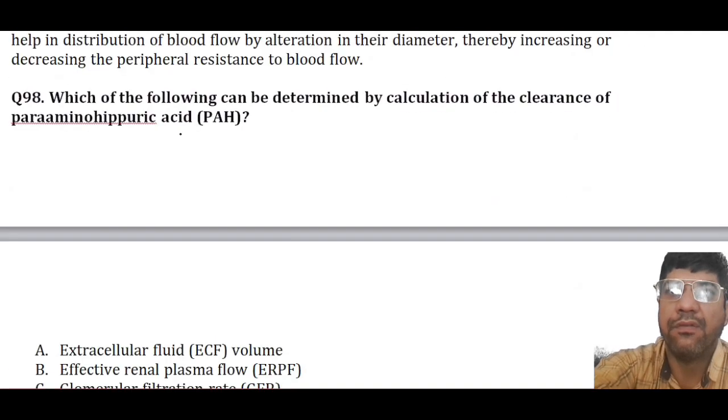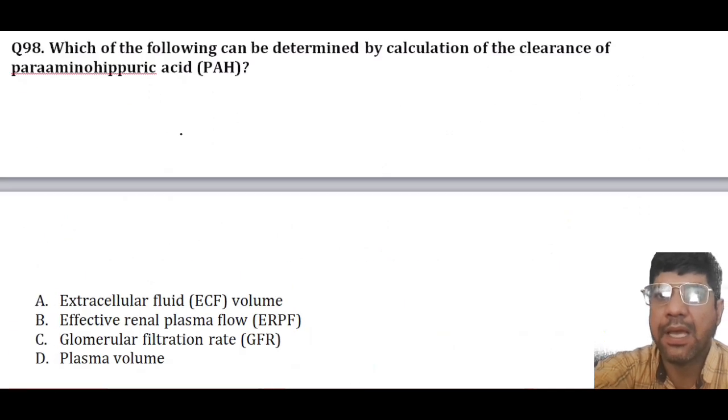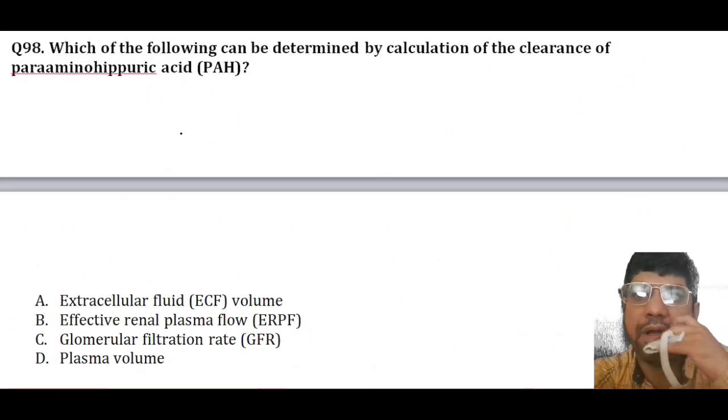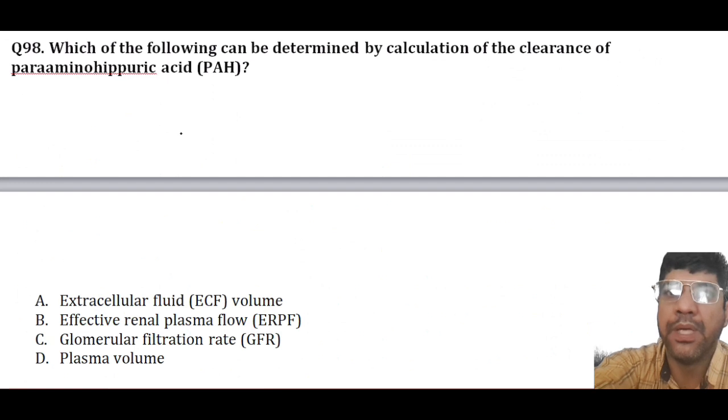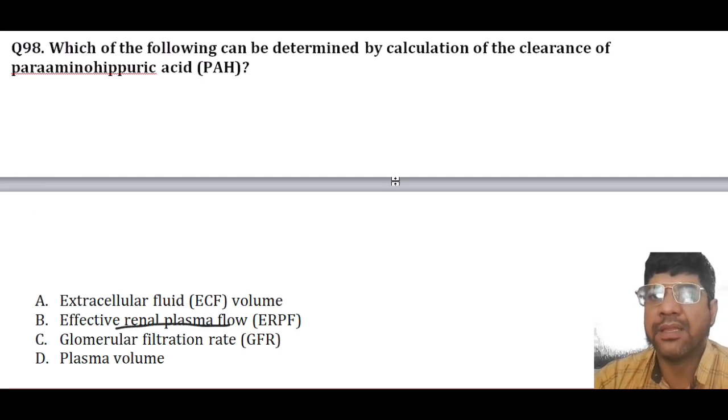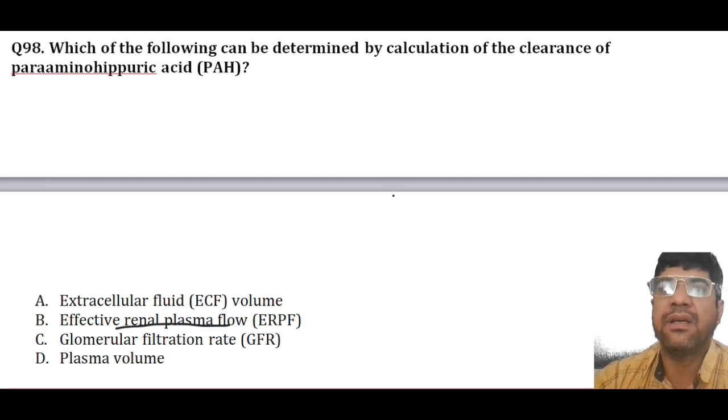Which of following can be determined by calculating the clearance of para-aminohippuric acid? The answer is effective renal plasma flow. So para-aminohippuric acid is a commonly used method to estimate the effective renal plasma flow.